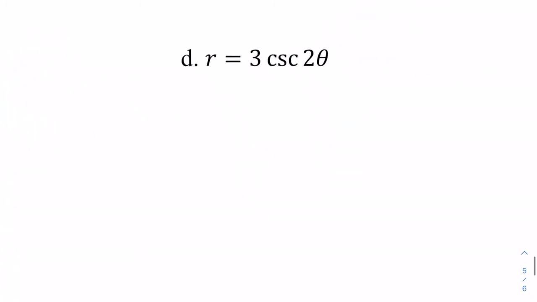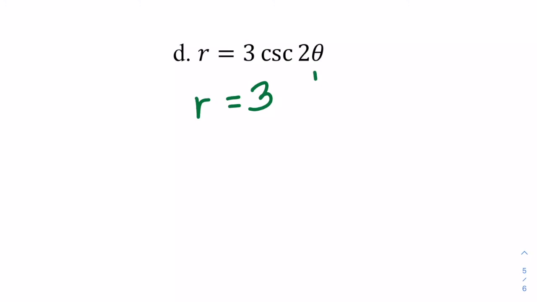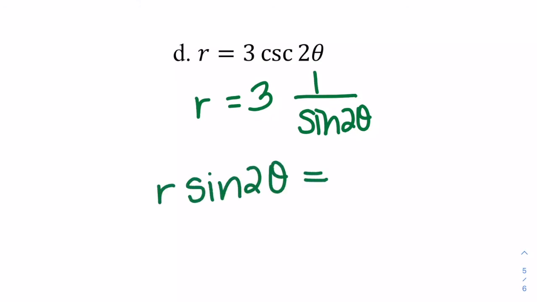For the last one, again, it's going to take a little bit of problem solving, but I'm going to change cosecant into 1 over sine of 2 theta. So I'll multiply both sides by sine of 2 theta. So r times sine of 2 theta will equal 3.